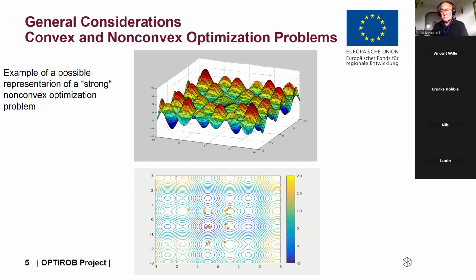We can find the combination of the two velocities in order to control the robot, to find the minimum of this function here. And we can see the particle moving on the domain to find possibly the global minimum.